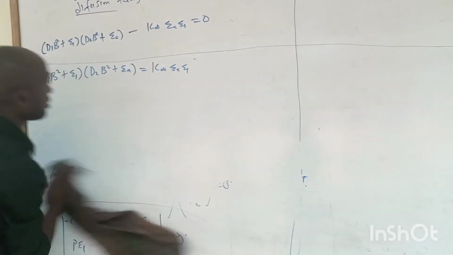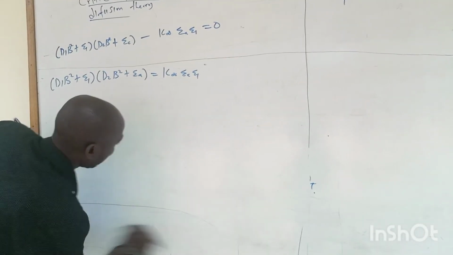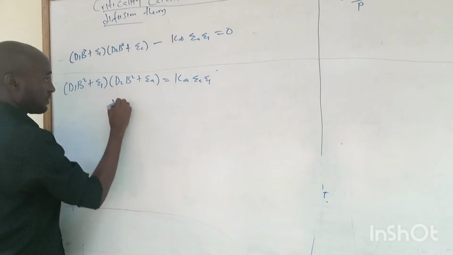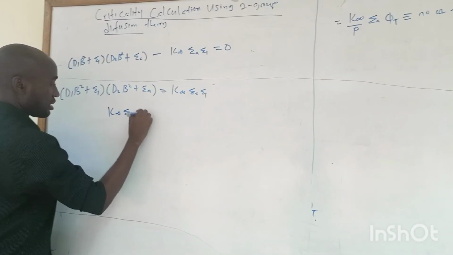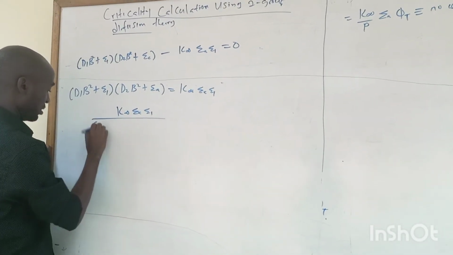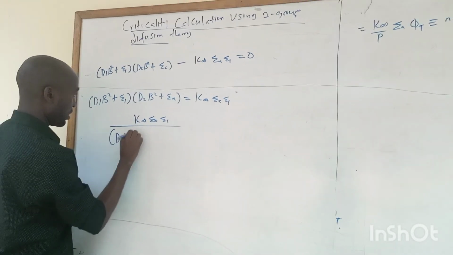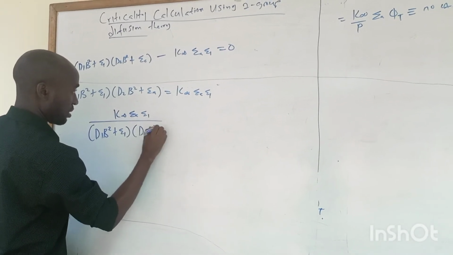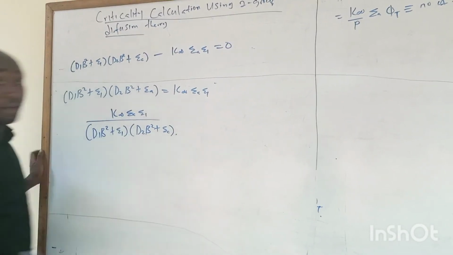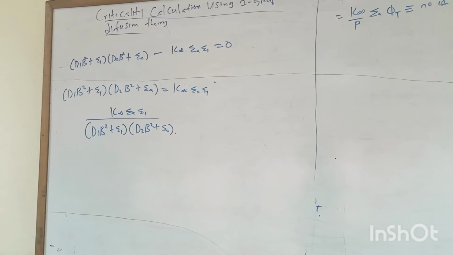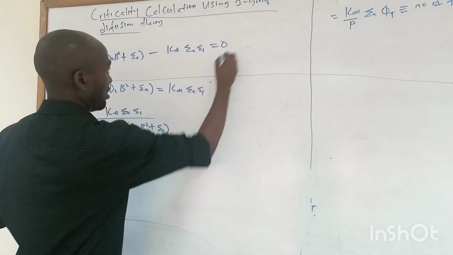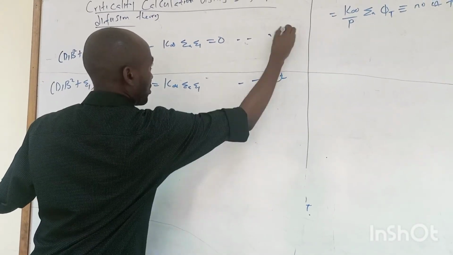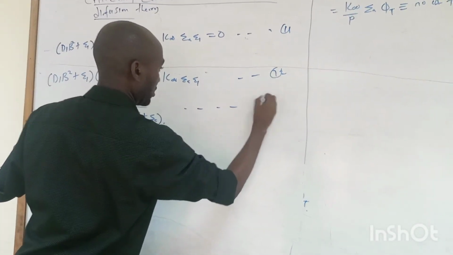And I can write them in a simple way, which is k infinity ea e1 over d1 b squared plus e1, d2 b squared plus ea. Let's call this one, we have called equation 11, equation 12. Let's call this one equation 13.